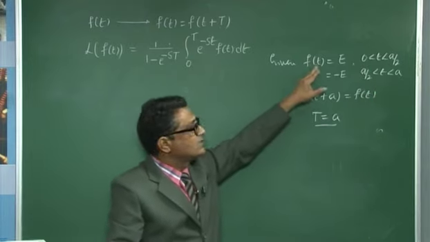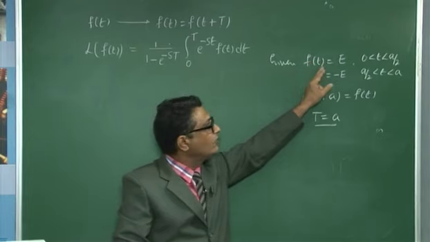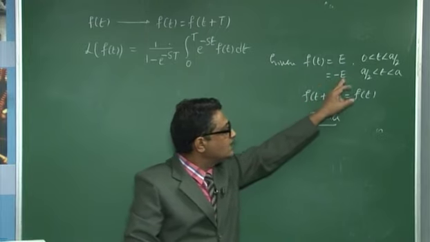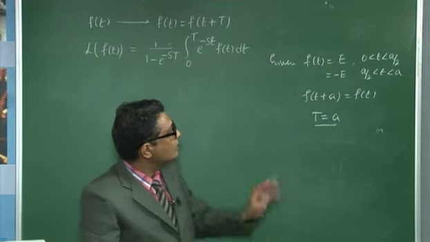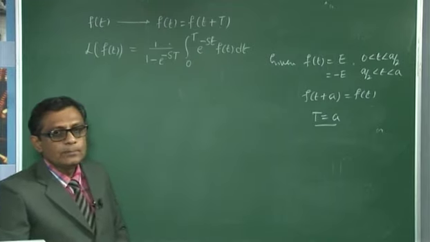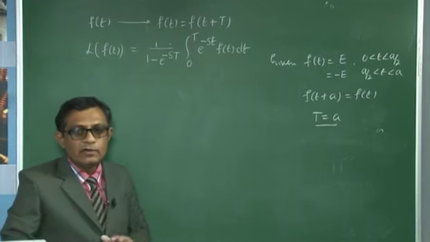Then afterwards you can substitute the value of the function f of t as E in the interval 0 to a by 2, minus E in the interval a by 2 to a. Then afterwards you have to integrate with respect to t, substitute the upper and lower limits, and simplify.